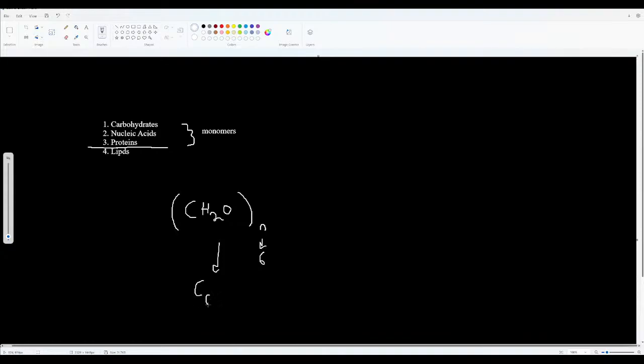We have C6H12O6. That's glucose. But of course, there are other isomers of C6H12O6. That could be something else. Don't worry about it. Just know that this is the basic chemical structure for a sugar.